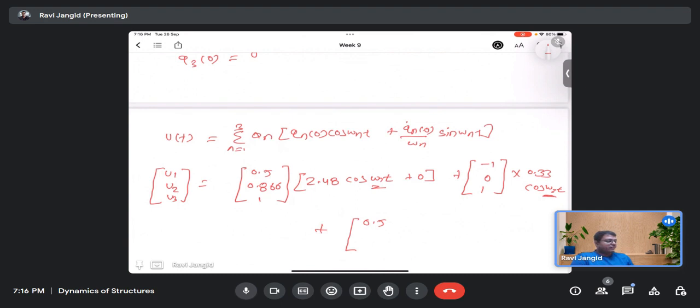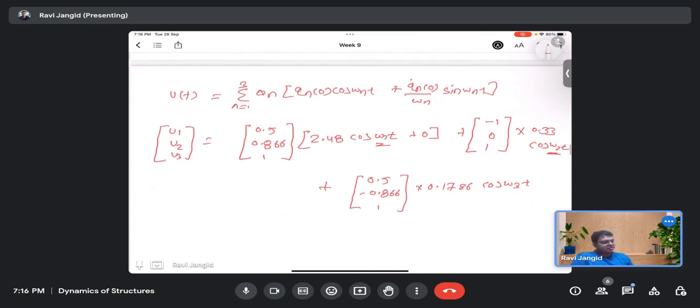Zero point 0.5, 0.866, 1, 0.1786 cos omega 3t.